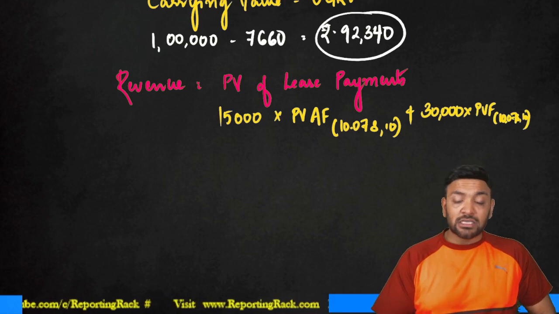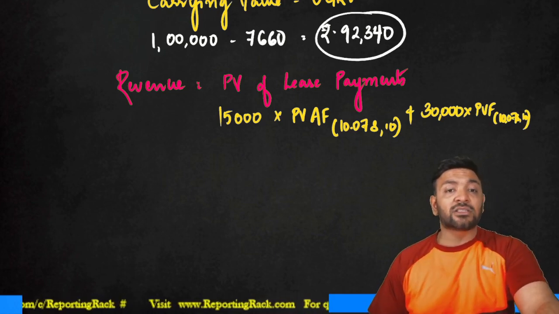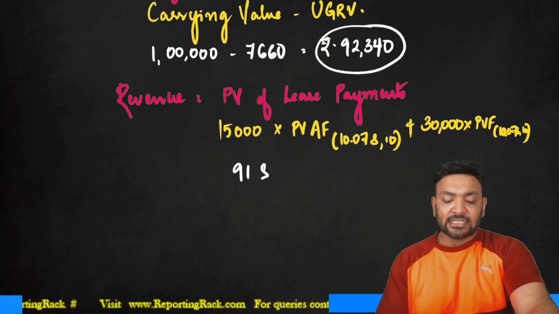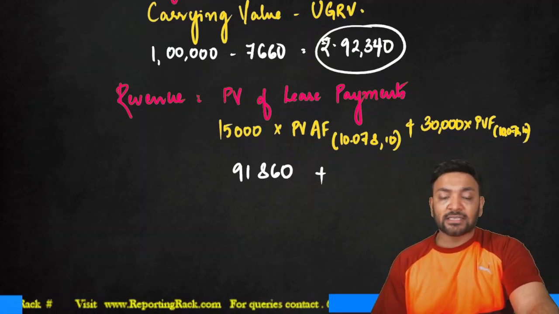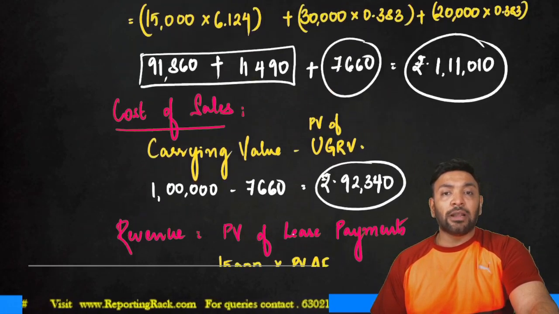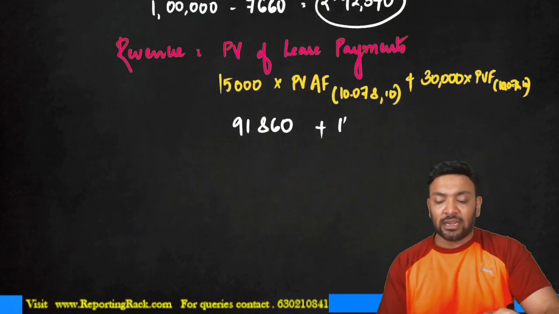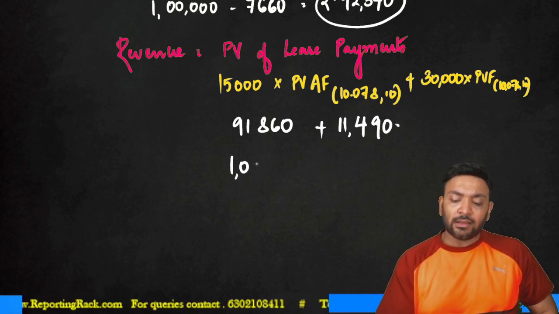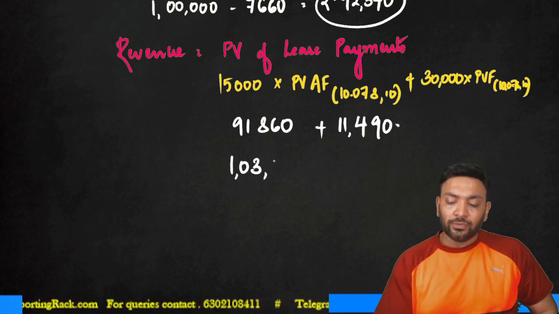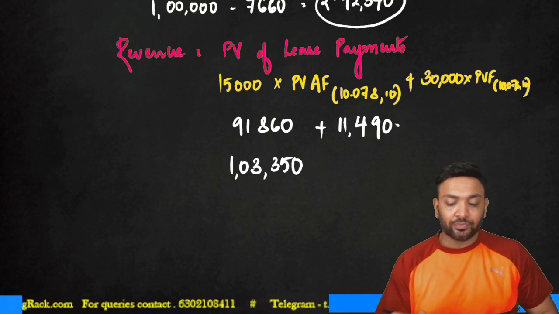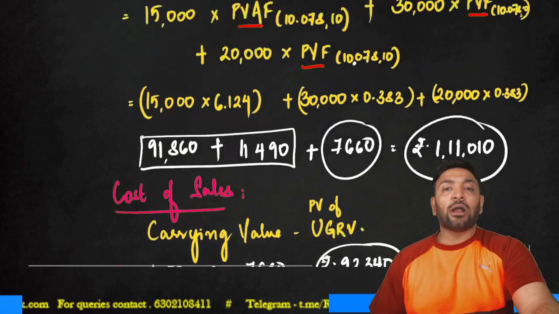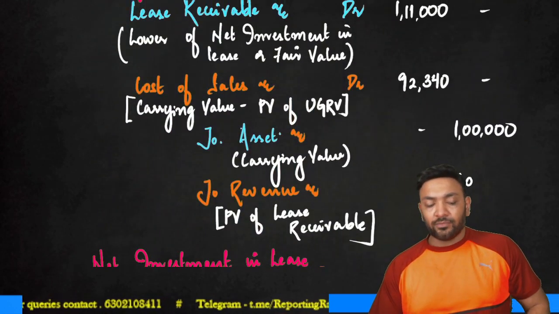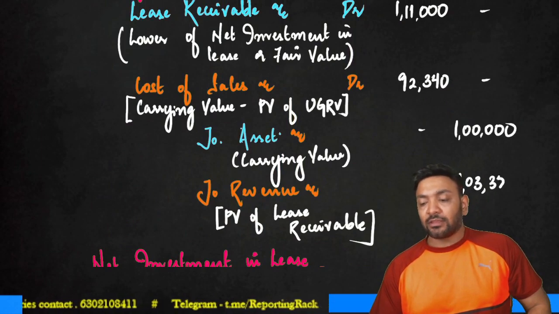We know these numbers, so I'm just directly picking up the numbers. 91,860 plus 30,000 into 0.383, 11,490. The amount is 1,03,350. Go up above and place this in the value of revenue.